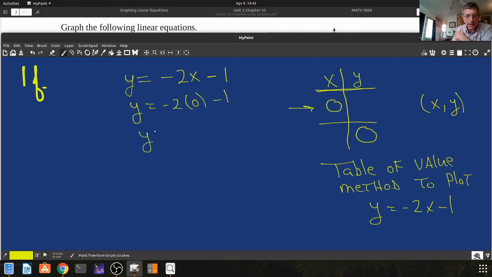So y is equal to minus 2 times 0, which is 0, minus 1. So y is equal to minus 1. So that's a minus 1. Not so bad. Pretty easy when we get to exploit those choices.